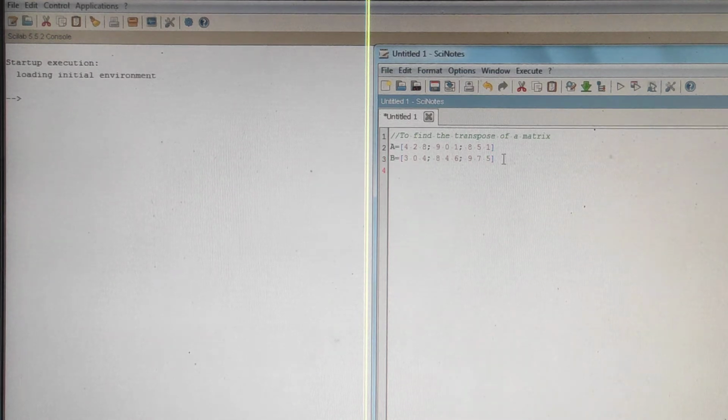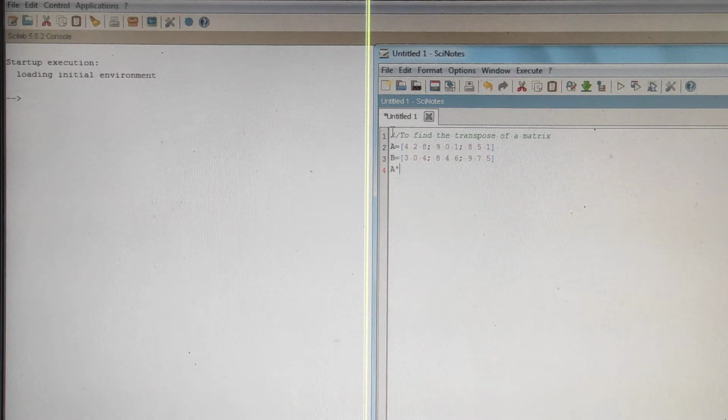Now simply find A transpose. And what is the coding for A transpose? Simply write A. Actually in mathematics the transpose is denoted as A to the power T or A dash. Here dash is apostrophe, simply A dash. Let us see.